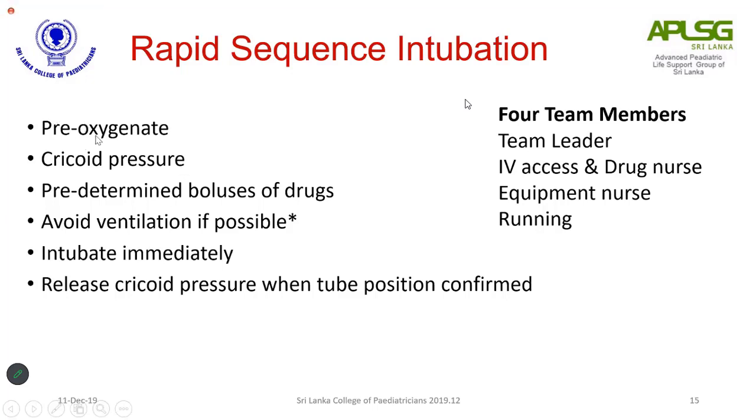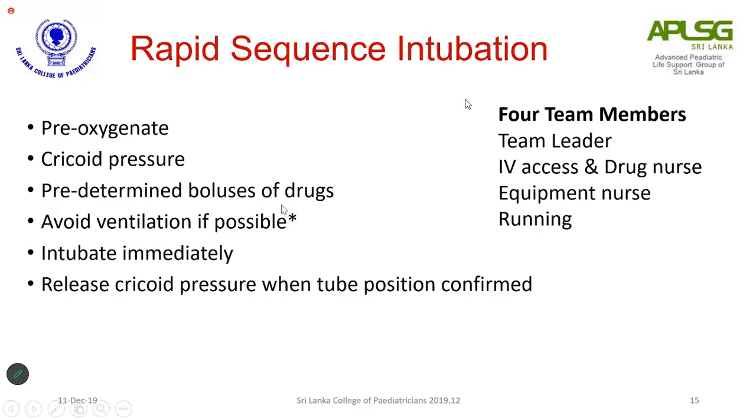Pre-oxygenation. The aim of pre-oxygenation is to get the oxygen concentration to a higher amount, at least more than 93%, before you start your intubation. You do this by giving effective bag and mask ventilation. In children, as I have already mentioned, their larynx is high and anterior, so there has to be some person providing cricoid pressure in order for the team leader to do the effective intubation.